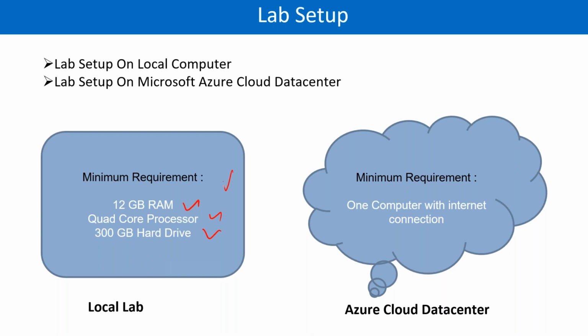If you do not have this configuration, then you can go on Azure, and that gives a 30 days free trial. Then you can create your Azure subscription, and then you create your computers.